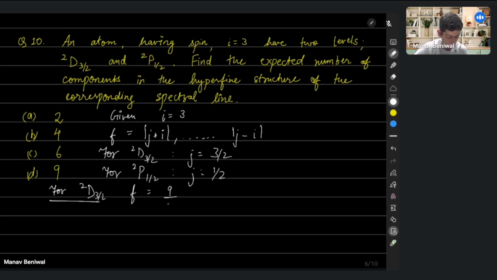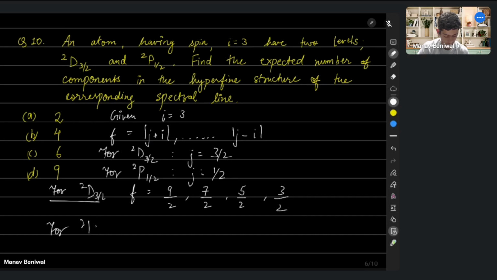So this will be 9/2. Then we subtract 1, 7/2. And 3 minus 3/2 is 6 minus 3 by 2, so 3/2. So we go all the way down to 3/2.